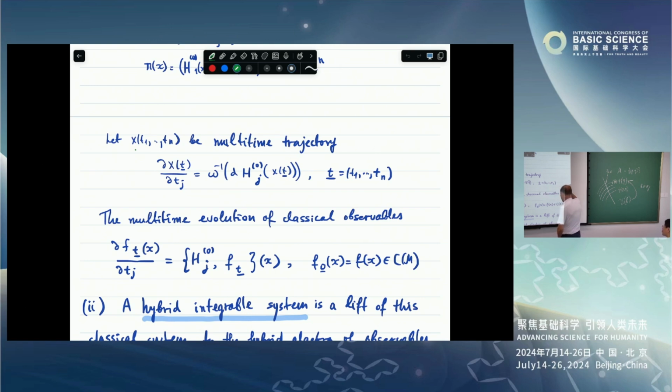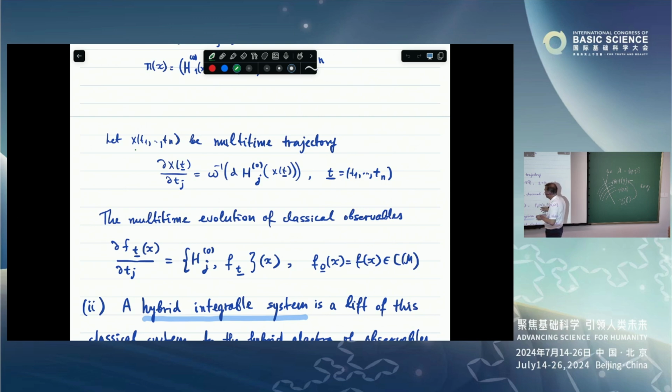So once you have an integrable system, there is no preferred Hamiltonian. You can choose any combination of these Hamiltonians, any algebraic combination, and they still will be independent. They will still be Poisson commutative. So what makes sense is the multi-time trajectory, not just this trajectory of a single particular Hamiltonian.